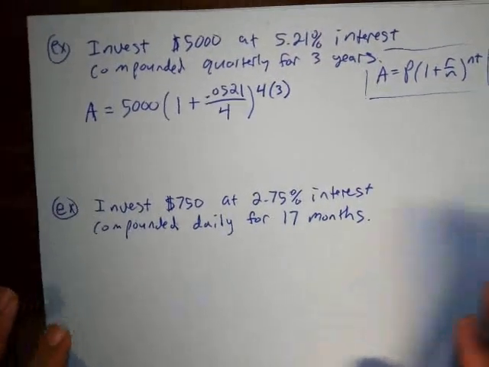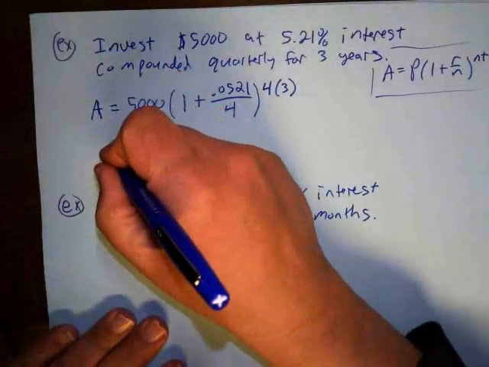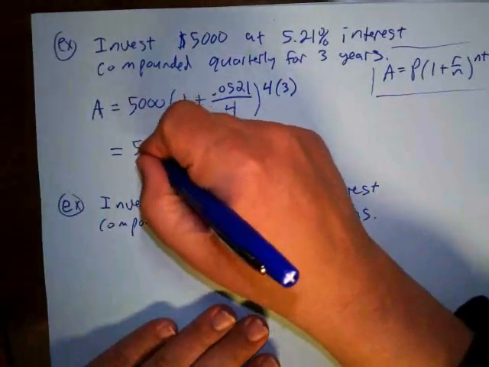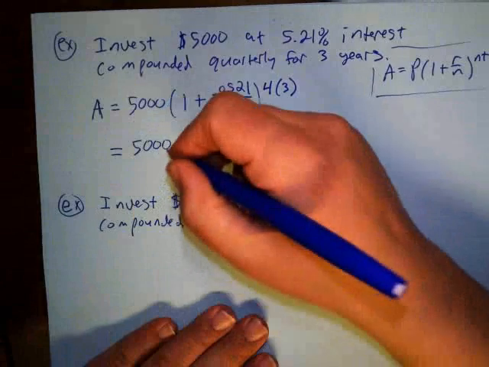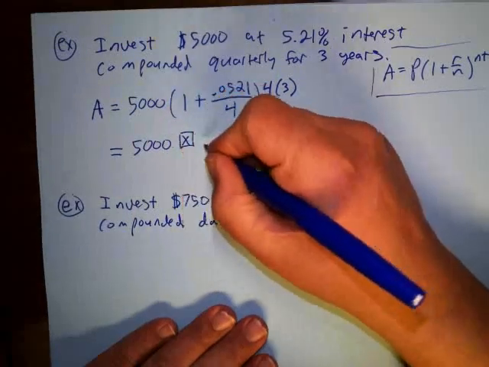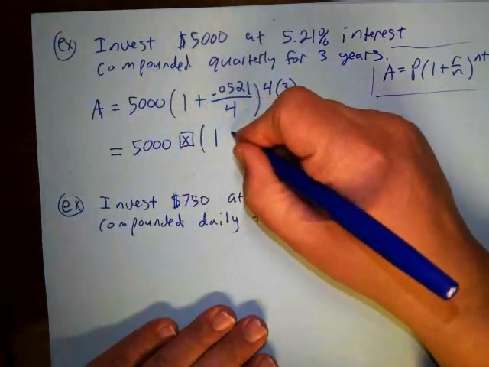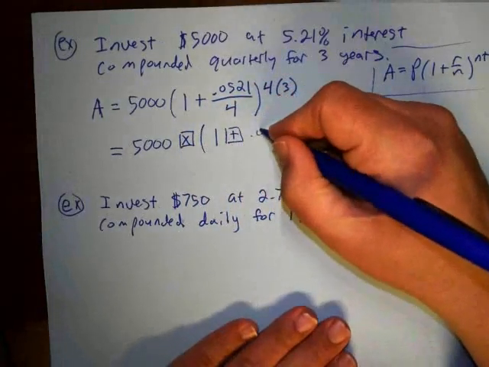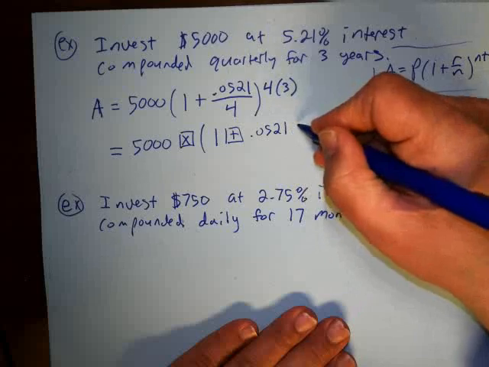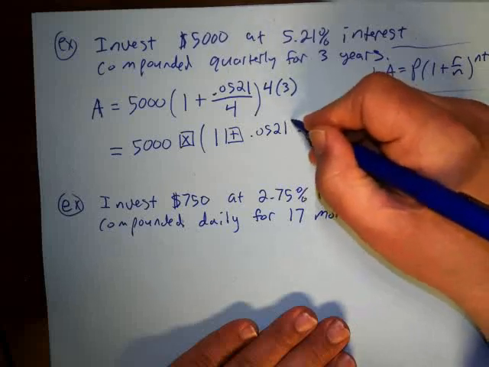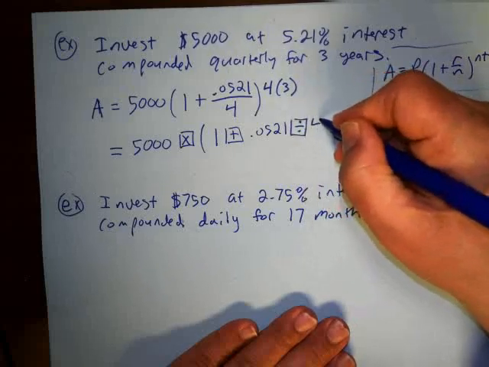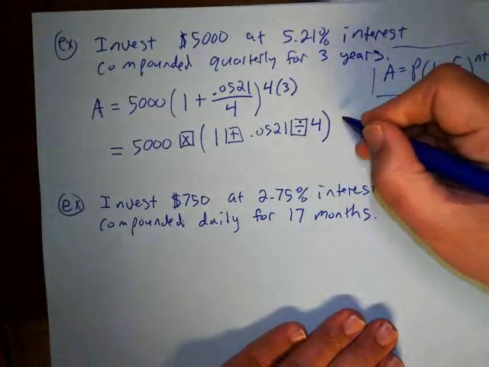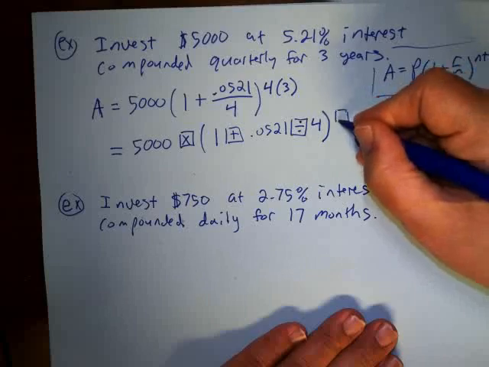Now let me show you how you put it in your calculator here. It's really important that you get this in there right. So start by putting in the principal, and then you multiply that by 1 plus 0.0521 divided by 4, and then parentheses, and then you have the exponent button.